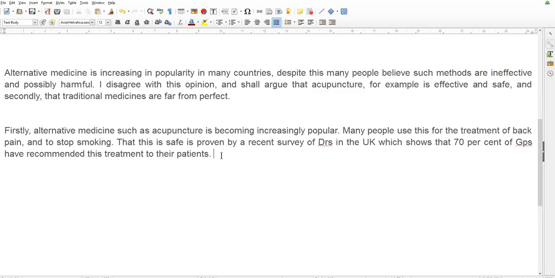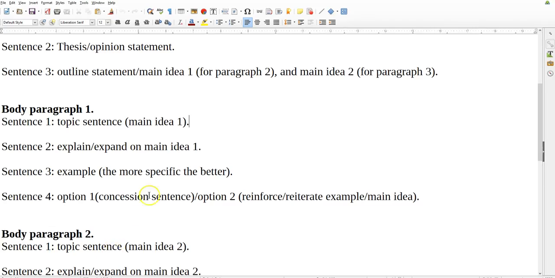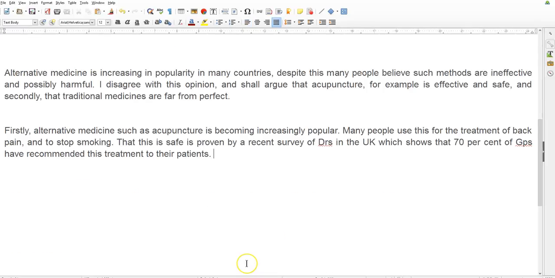The examiner is not going to waste his time going on to Google to find out if your example is true or not. So that's not important. So as the criteria basically says for task achievement, the more specific the example, the better. So make something up. Nobody cares, nobody is going to check.